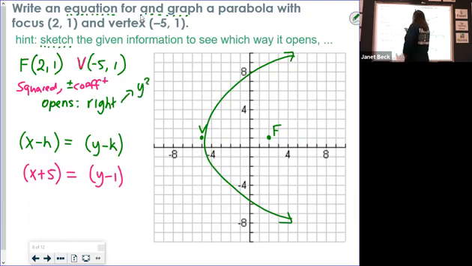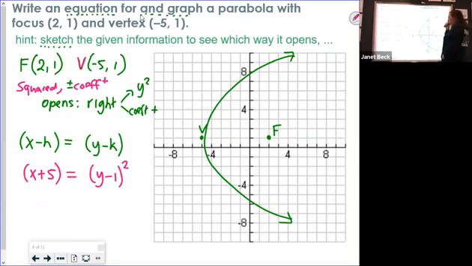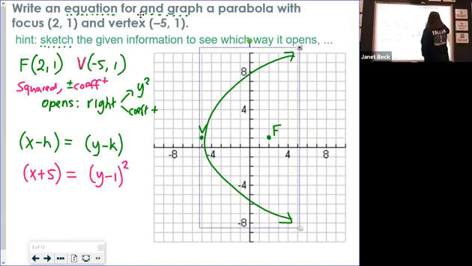It tells me that y is squared, and that my coefficient must be positive. So for now, I can put the squared on the y side because I knew it opened to the right. And when I write the coefficient, wherever I write it, I can write it as a positive.